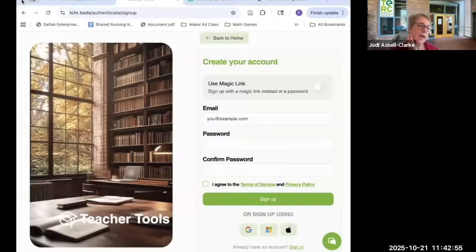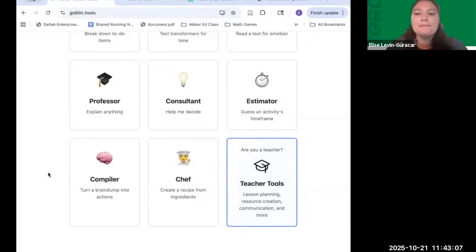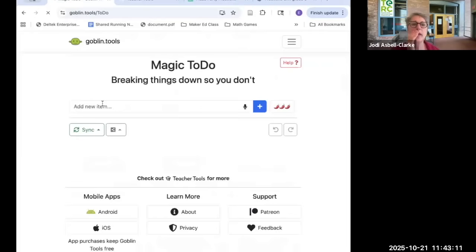It's up to you. But what I was doing with it was I started with a new project, because this was actually a project that came out of my work. I would have loved to have this when I was in junior high. Can we go back to Goblin Tools and go to the breakdown, the magic to-do? I had a kid who was very on the margins. In fact, six or seven years later, I'm pretty sure he's in prison, unfortunately.